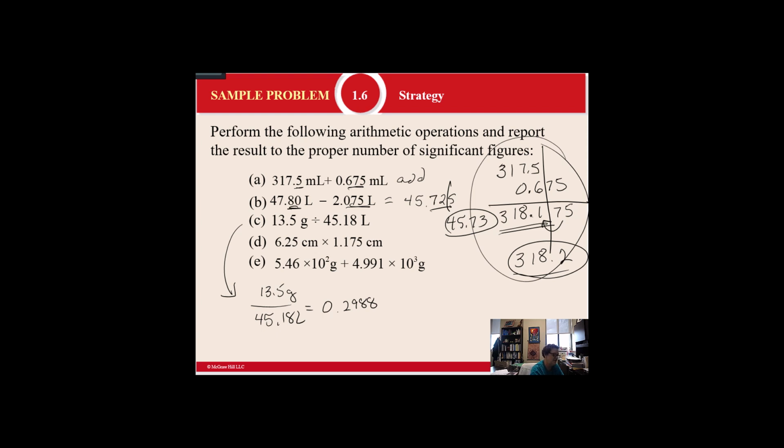This was the least number of sig figs. So I have 3 significant figures here and 4 here. So my answer can only have 3. So that's going to be 0.299. Makes sense? And that's grams per liter. Always do your units. So kind of getting the hang of this.